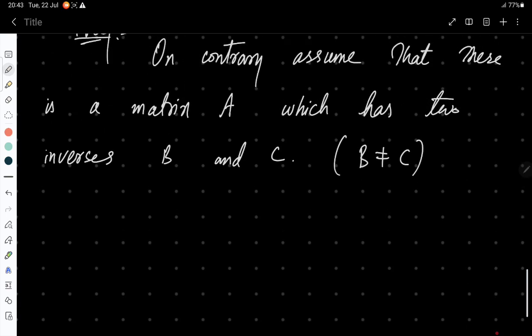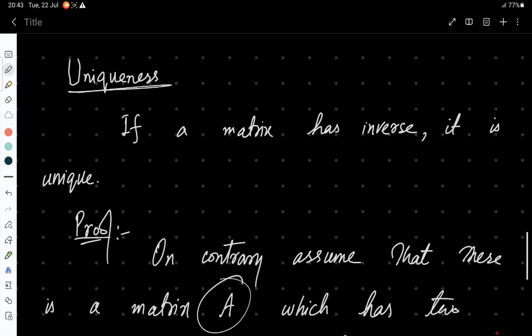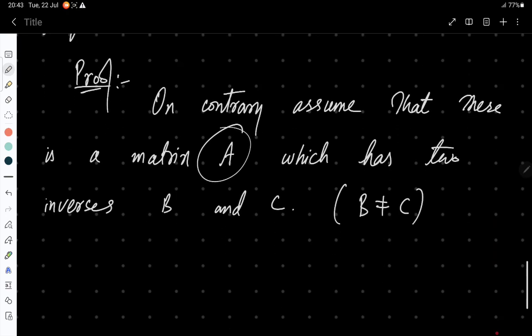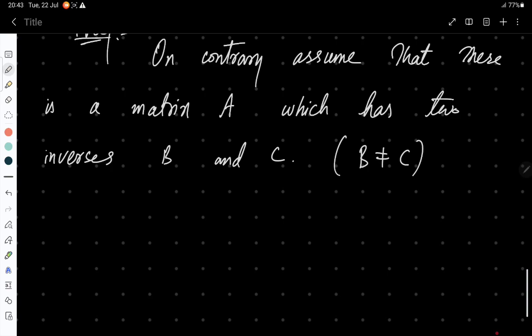Okay, we have assumed that there is a matrix A whose inverse is not unique, which is totally opposite of this statement. So if the inverse of A is B, then that means A times B is identity and B times A is again identity.